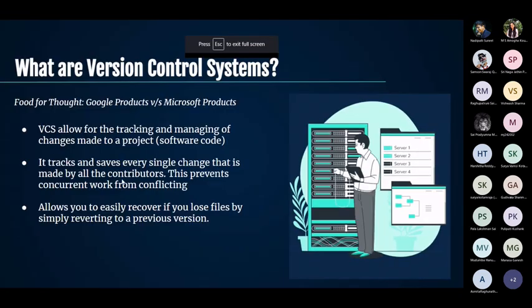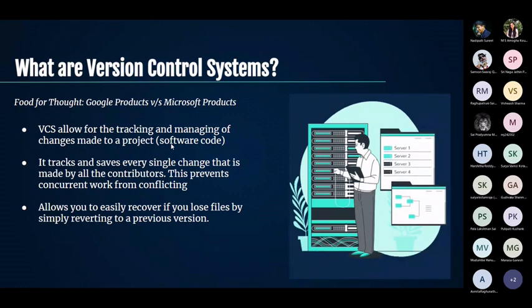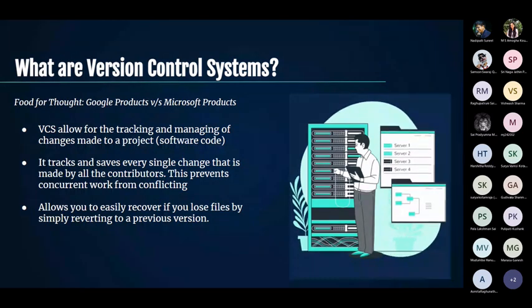So yeah, now what is version control? So now we learned a little bit about a repository and a branch. So let's move ahead. Version control system, like I mentioned, helps you track and save every single change that's made by the contributors. And by creating branches, it prevents work from conflicting. Another major advantage of version control system is that if you perhaps lose one particular version, that is okay, because you can just simply revert to a previous version and restore those changes and work ahead from there.